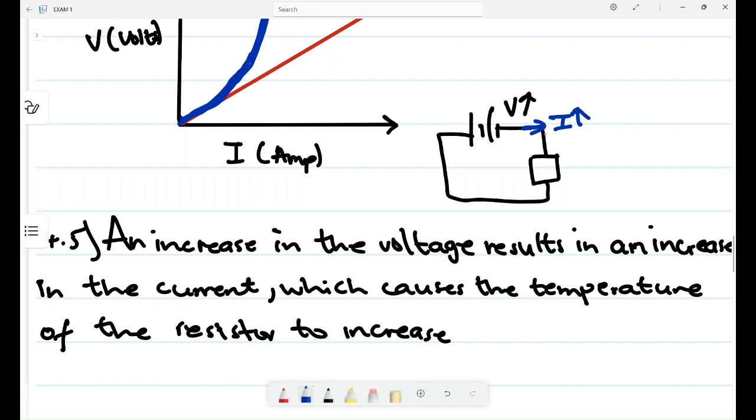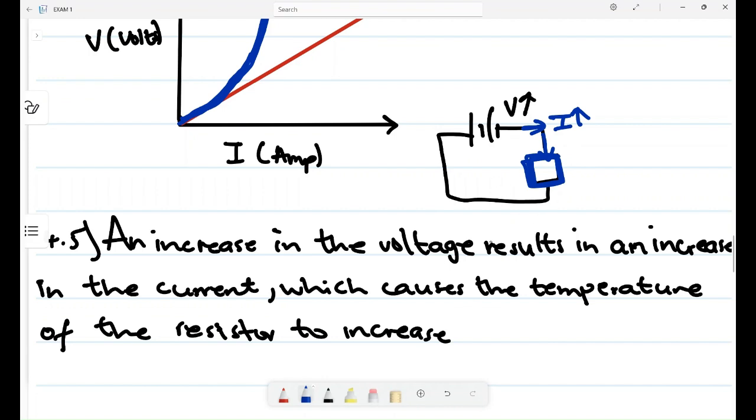Now, an increase in this current is going to cause an increase in the flow of charge within this resistor. So this resistor is going to have more charges flowing into it. So if that happens, there will be an increase in the temperature. This resistor will start to feel heat, because there is an increase in the amount of charges that it gets, right?